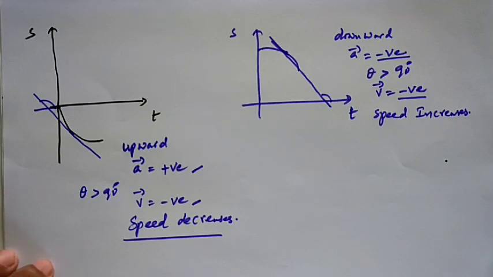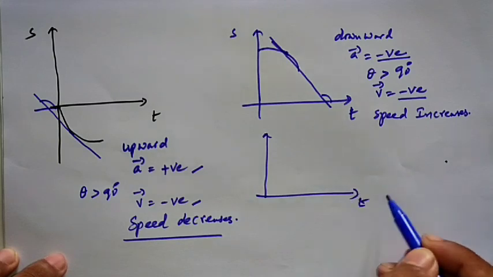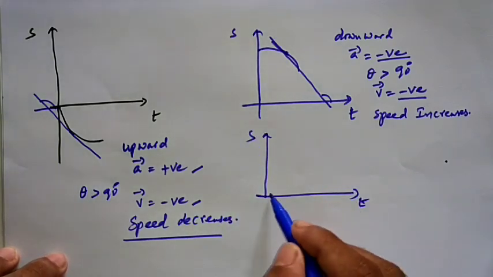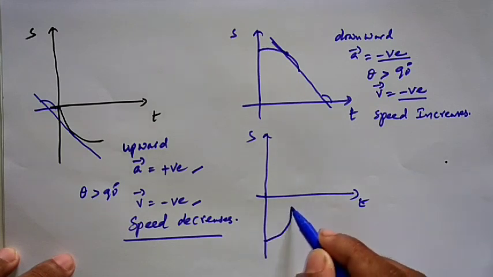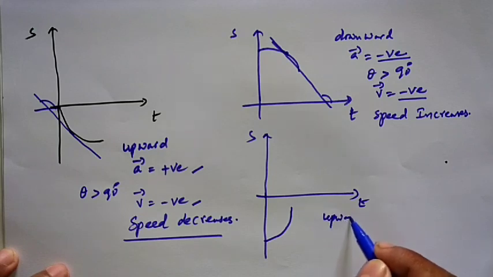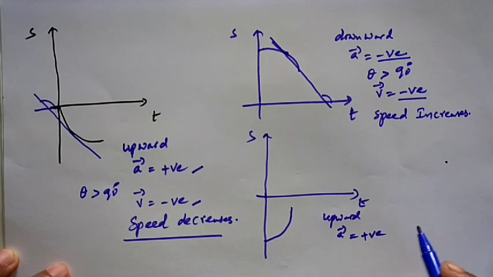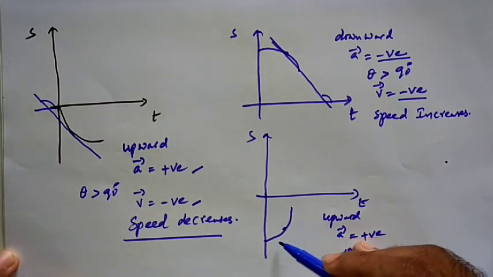Let us see one more. You got the concept. Now the distance time graph is this. Tell me, is it upward or downward? The curve is upward, so acceleration is positive. Now theta. Draw a tangent at this point, or any point.